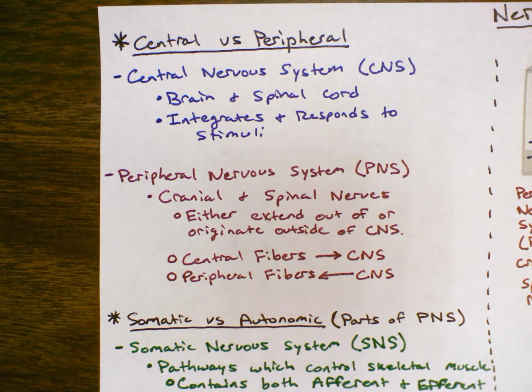So those are more directional terms than anything else. All right, so those are our 2 major classifications, central versus peripheral. If you gave me any nerve or any structure within your nervous system, we would first classify it based on this.